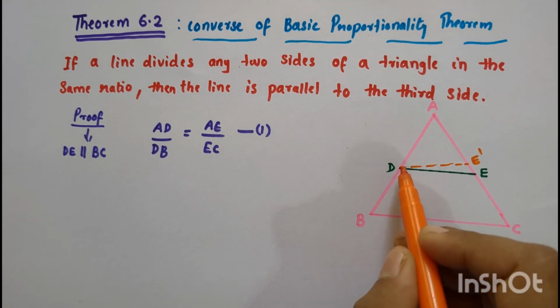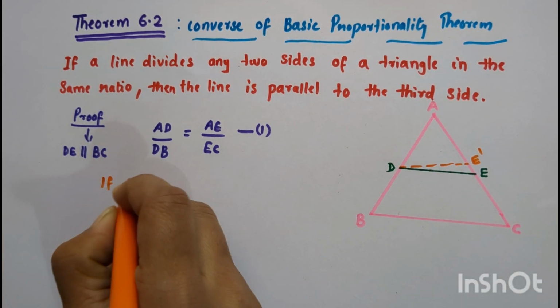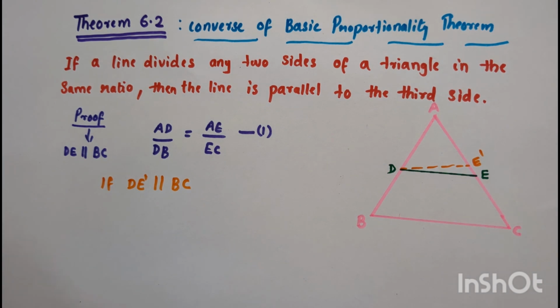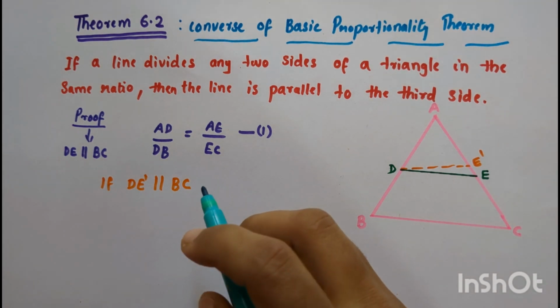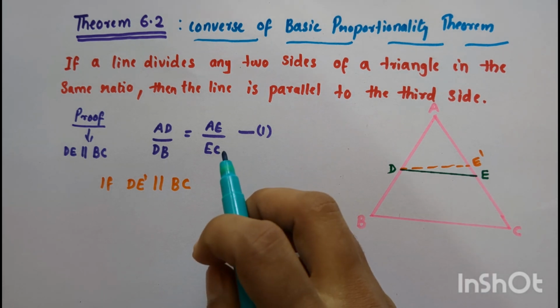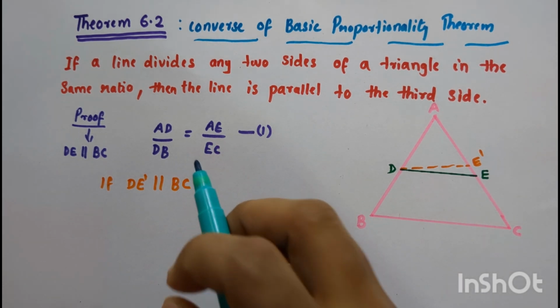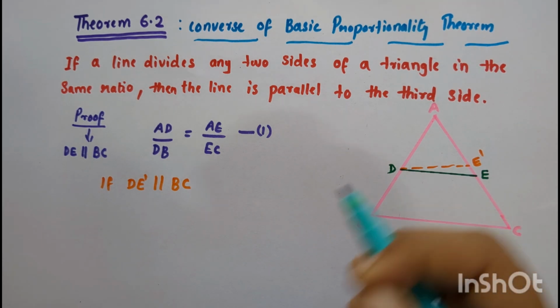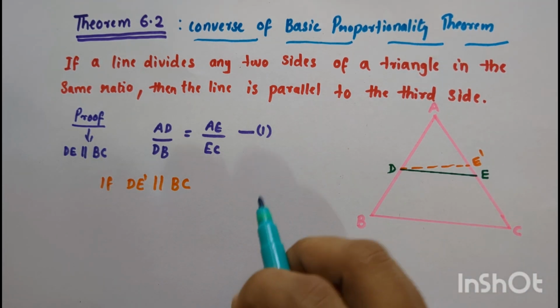If DE dash is parallel to BC, then as per the basic proportionality theorem, which was Theorem 6.1, if a line is drawn parallel to one side of a triangle to intersect the other two sides in distinct points, the other two sides are divided in the same ratio.